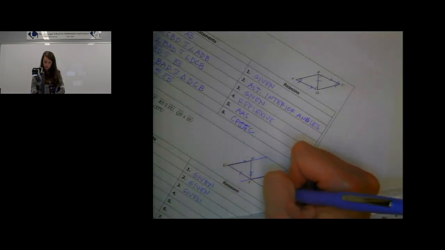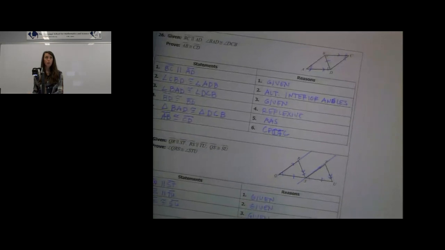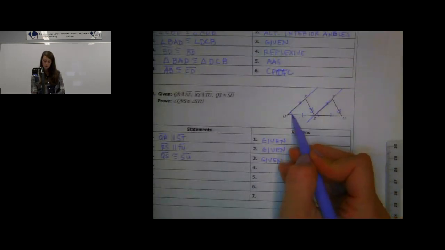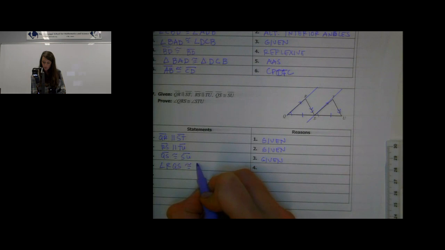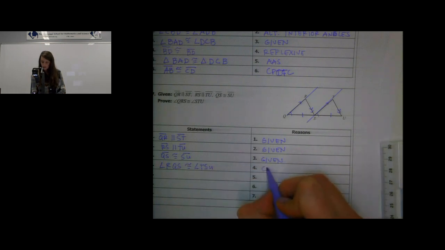If this was my line, then Q and S right there would be corresponding angles, so those would be congruent. So angle RQS is going to be congruent to angle TSU. That's corresponding angles.